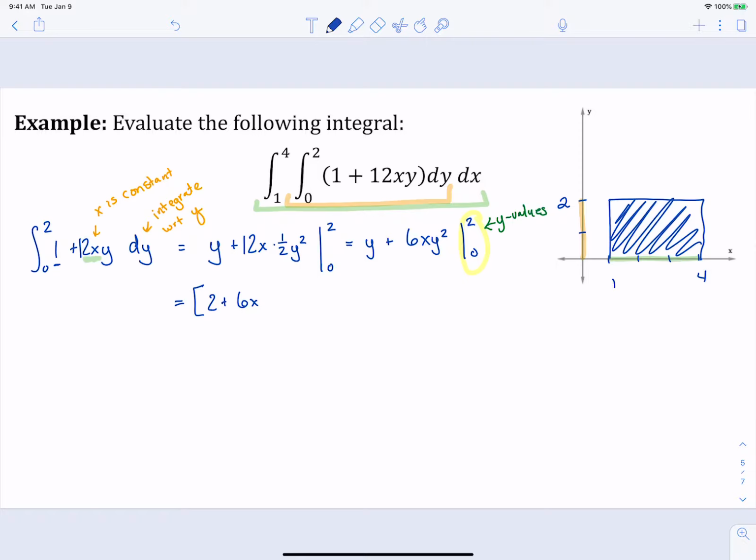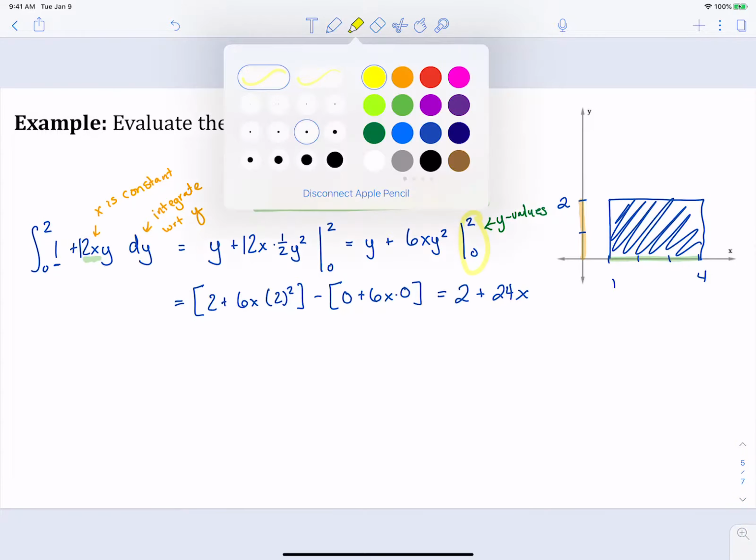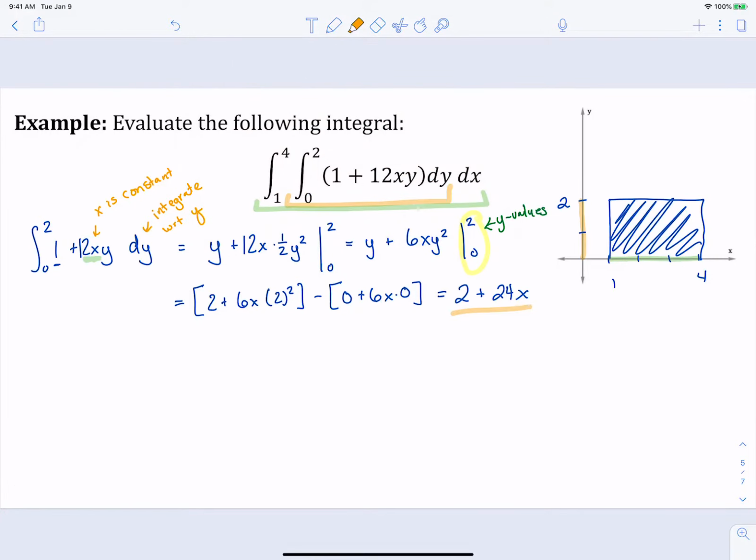That x is just a constant, so we're not plugging anything in for x right now. We're just using the fundamental theorem of calculus, plugging in 2, plugging in 0, and what do we get? We get 2 plus 24x, because we're going to get 2 squared, which is 4, times our 6, so we get 24. And this is what we got from that orange integral.